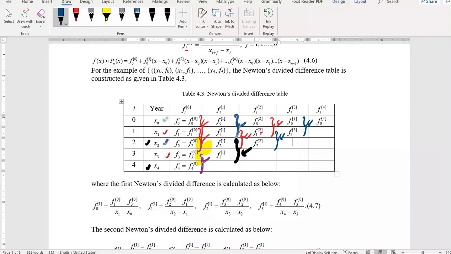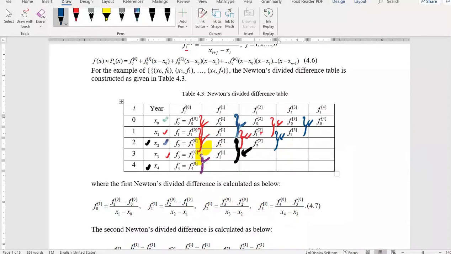And for F02, exactly F02, this one will be F11 minus F01. The difference of your Y still takes 2, only divided by the difference of X for F02. 0 plus 2 is x2 minus x0.